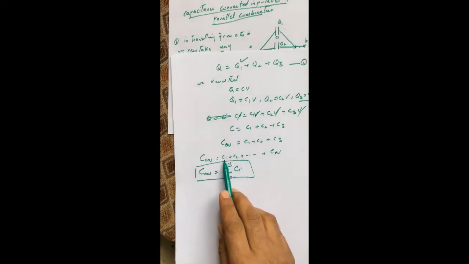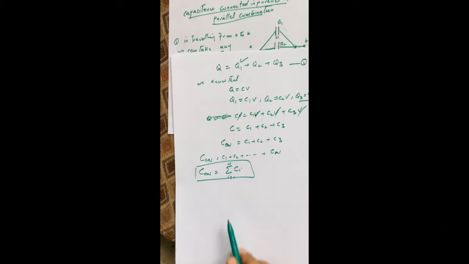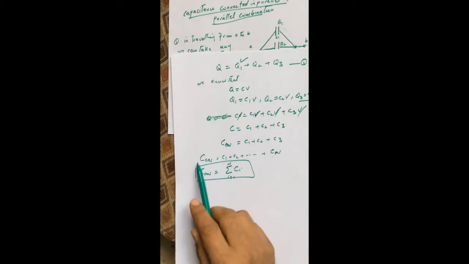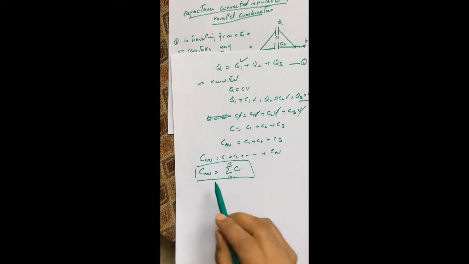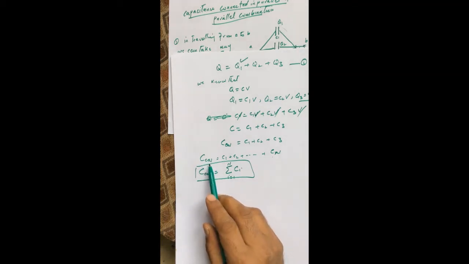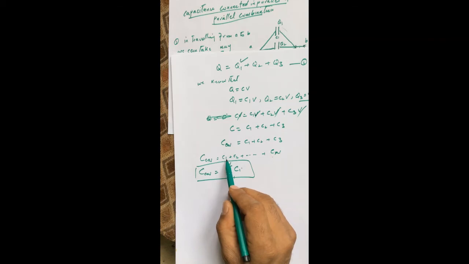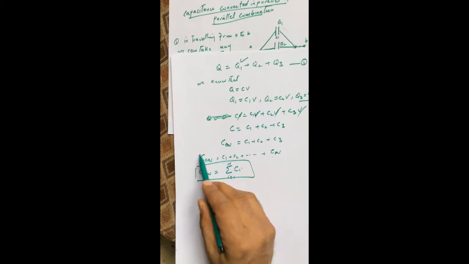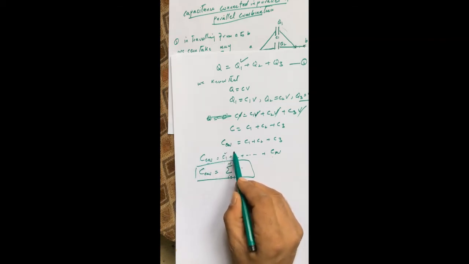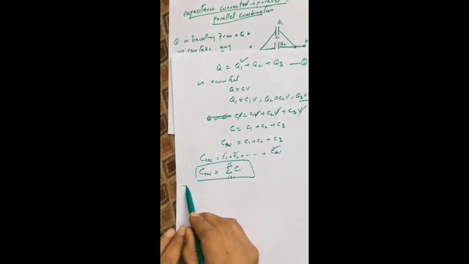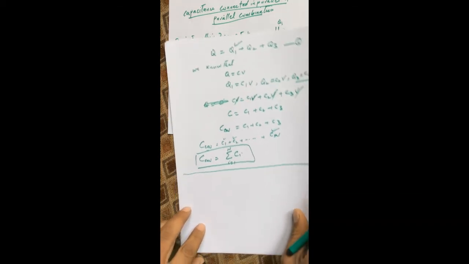Like we find the capacitance of capacitor 1, capacitor 2, capacitor 3, then we add them and get the equivalent capacitance. Now if we see here, the equivalent capacitance is always greater than the capacitance of an individual capacitor. So this is all about capacitors in parallel combination.